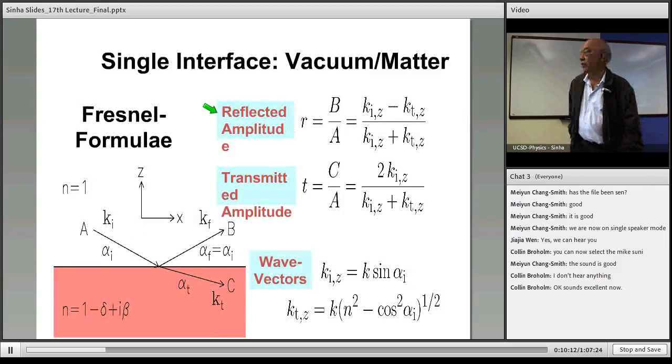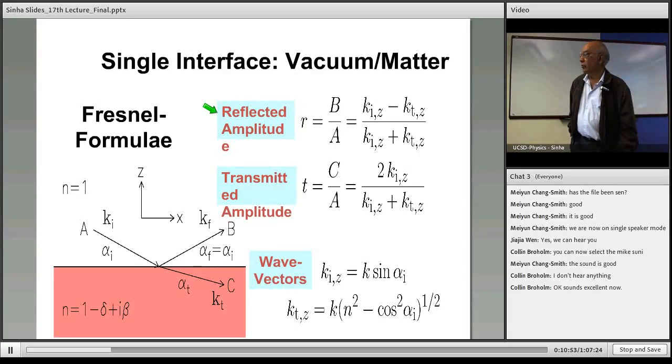Okay, so to go back now to the Fresnel problem, just as in elementary optics, we can solve the boundary conditions, and we get simply, as is well known, the Fresnel formula, which says the reflection coefficient, which is the amplitude of the reflected wave divided by the amplitude of the incident wave, is given by this expression, where these represent the incident and transmitted wave and the z component of their wave vectors.